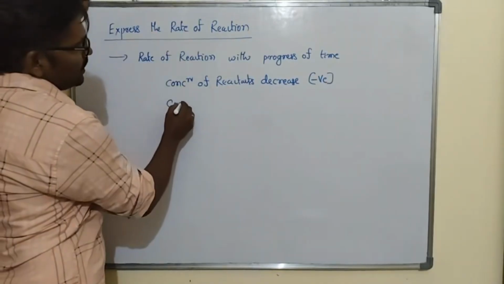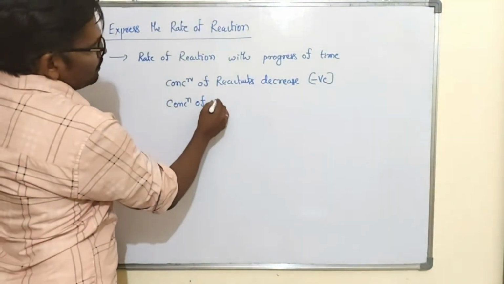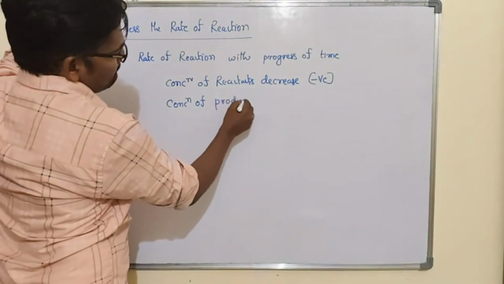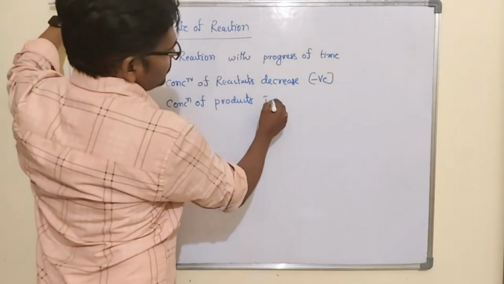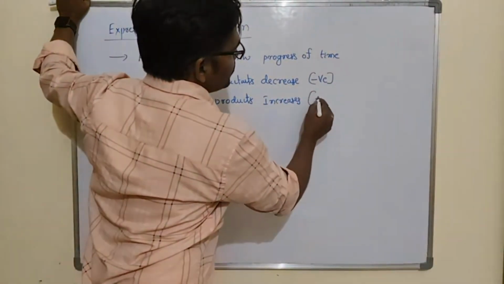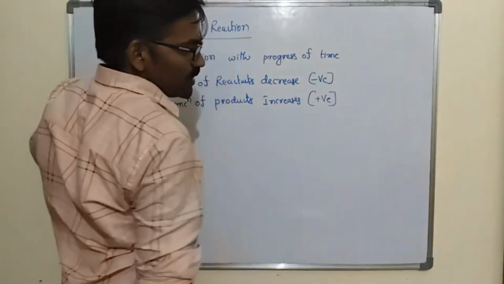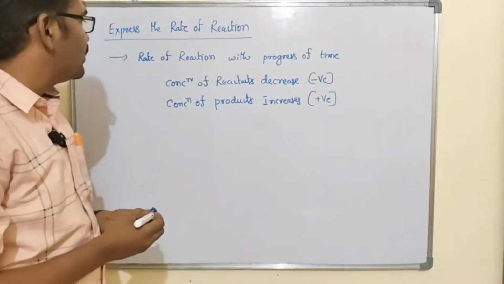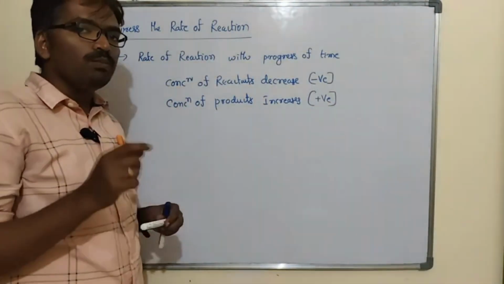Then the concentration of products increases, you have to take a positive sign. So the above one is the negative sign, the below one is the positive sign. Rate of reaction with the progress of time.